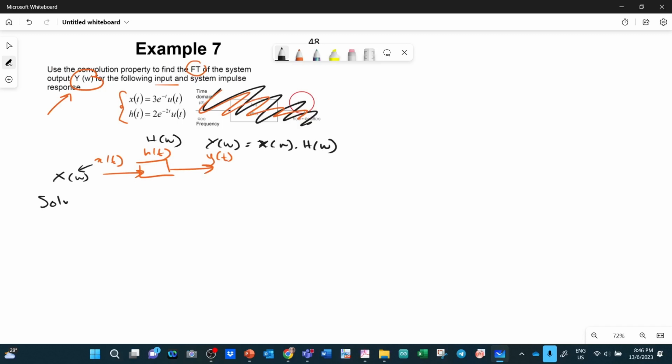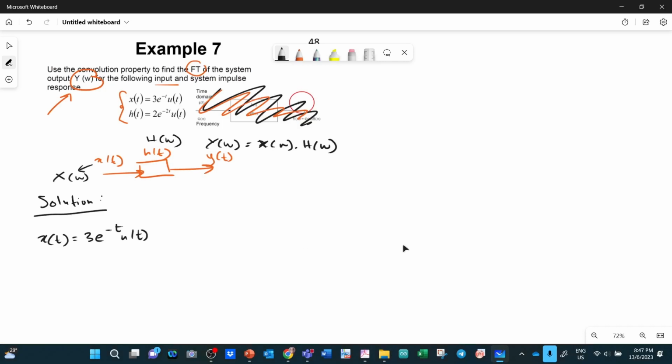So the solution is, please you guys over there, wait a while. Okay, let's do one by one. We take the input x(t) equivalent to 3e^(-t)u(t).